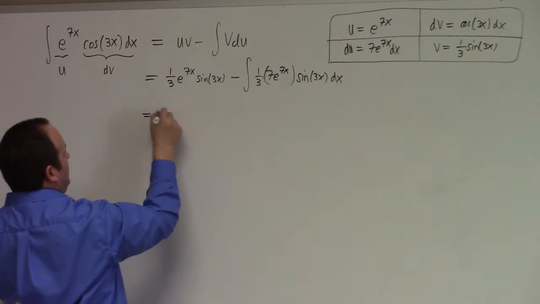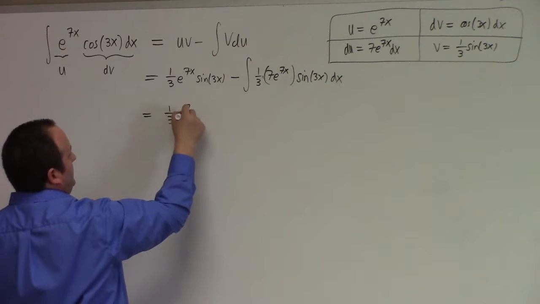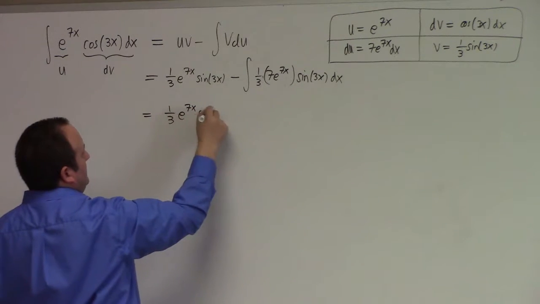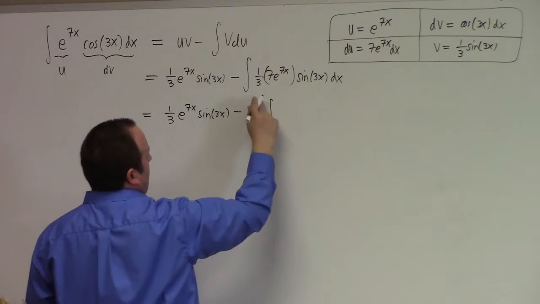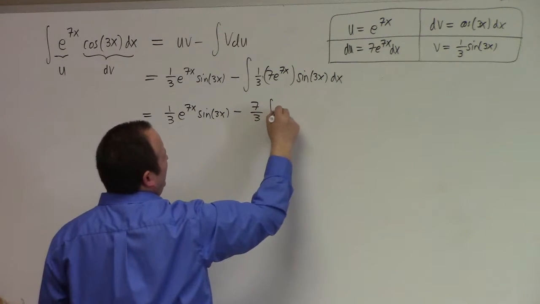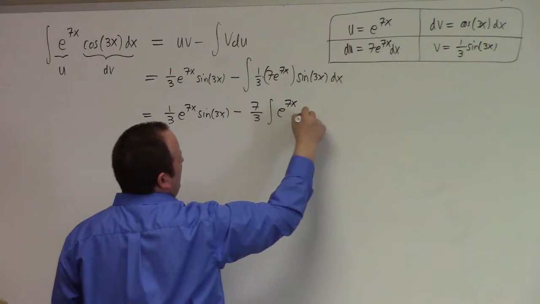Let me just clean that up before I go on: 1/3 e to the 7x sine of 3x minus 7/3 integral of e to the 7x sine of 3x dx.